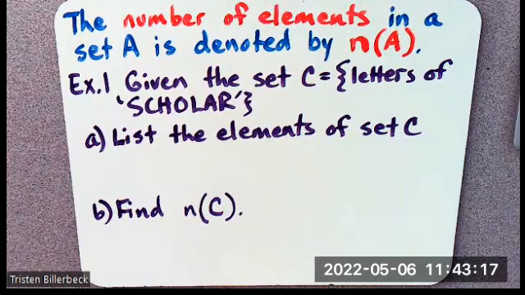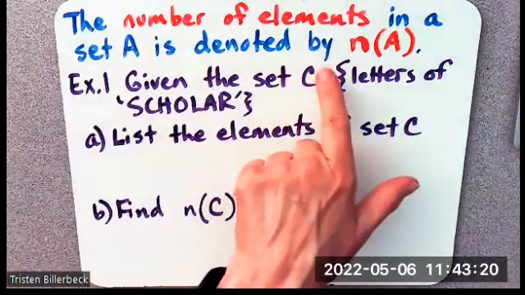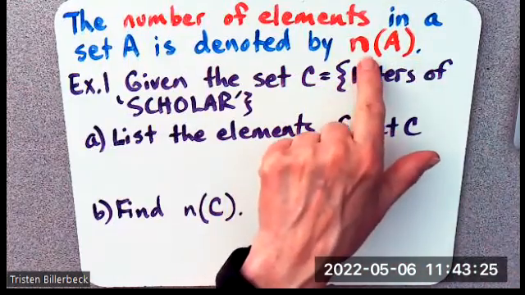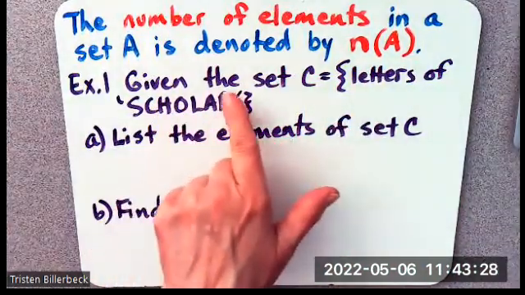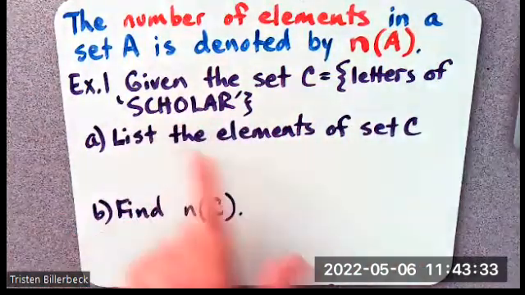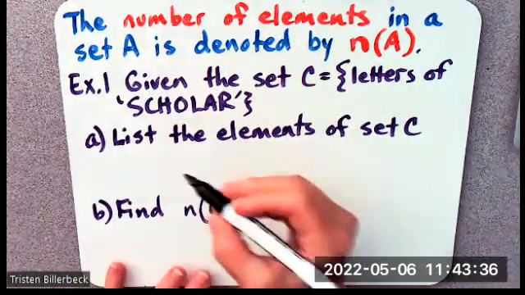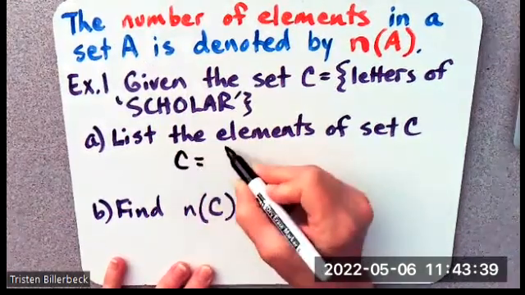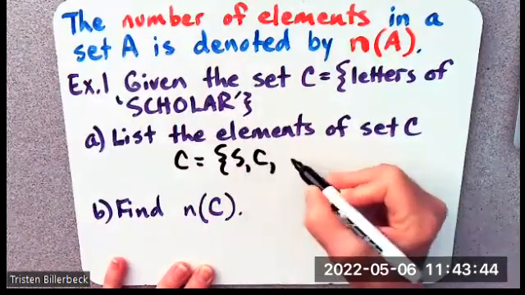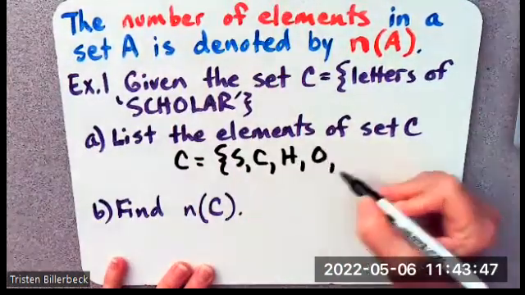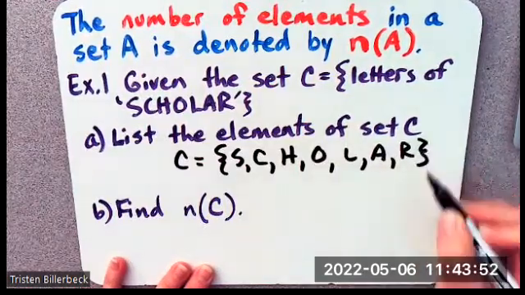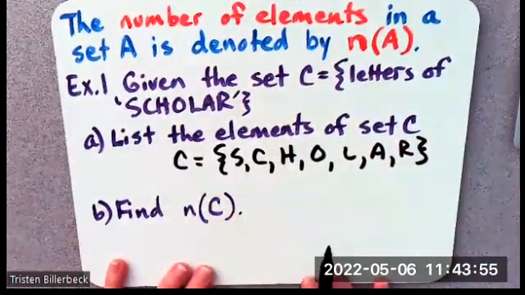The number of elements in set A is denoted by n of A. This little n means number of elements. Given the set C equals letters of scholar, this word, list the elements in set C. We'd write C equals, and then the wiggly brackets, S, C, H, O, L, A, R. That's all the letters in scholar.